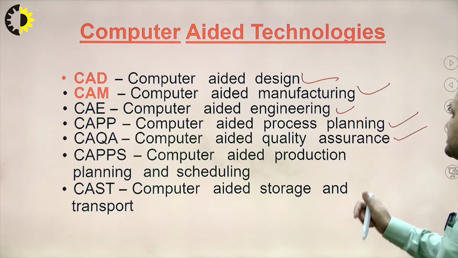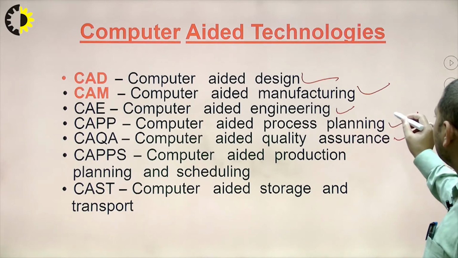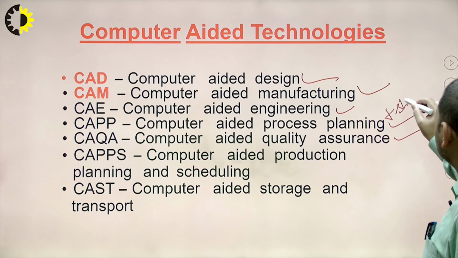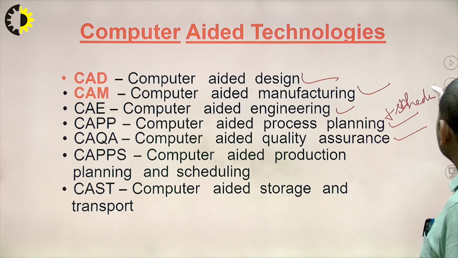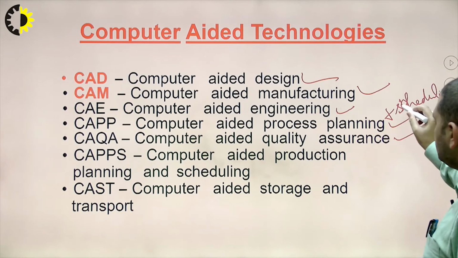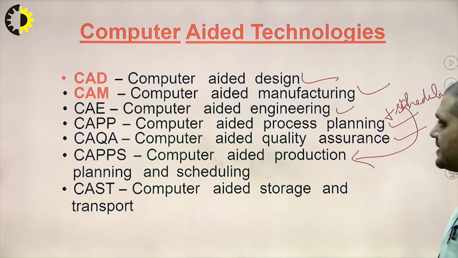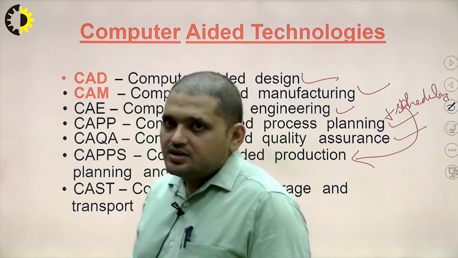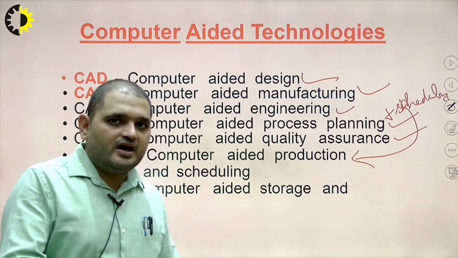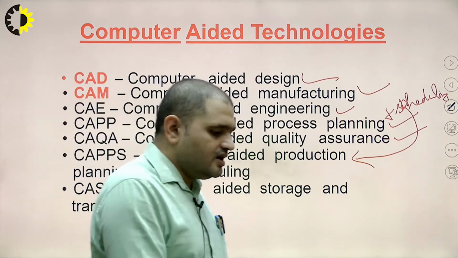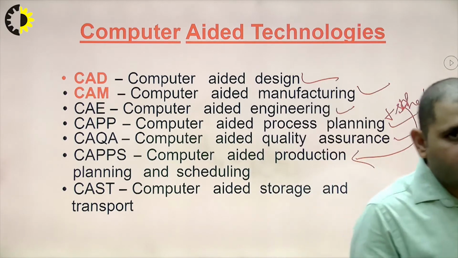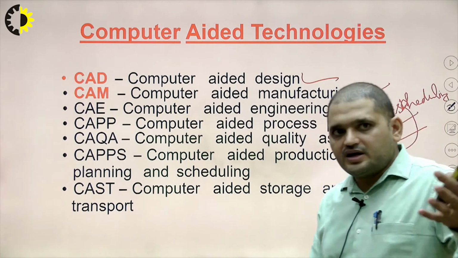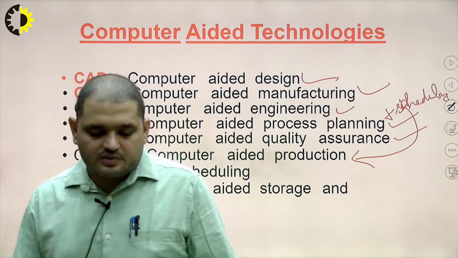So we are adding scheduling in this CAPS software. Then CAST, that is computer aided storage and transport for the things which you have made. So software is needed to transport or store these things, so we can use CAST software for these purposes.